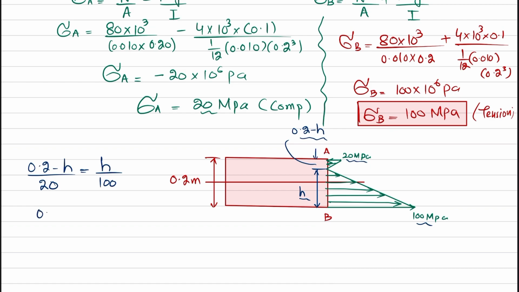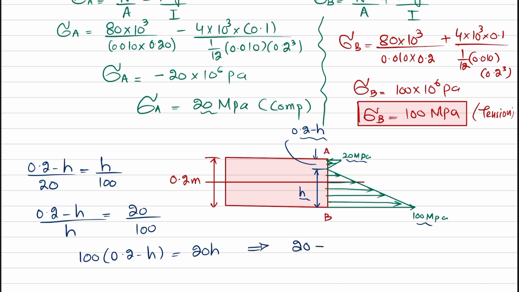So from here 0.2 minus h divided by h will be equal to 20 over 100. So it means that 100 multiplied by 0.2 minus h will be equal to 20h. So 20 minus 100h will be equal to 20h. So 100h plus 20h is equal to 20.